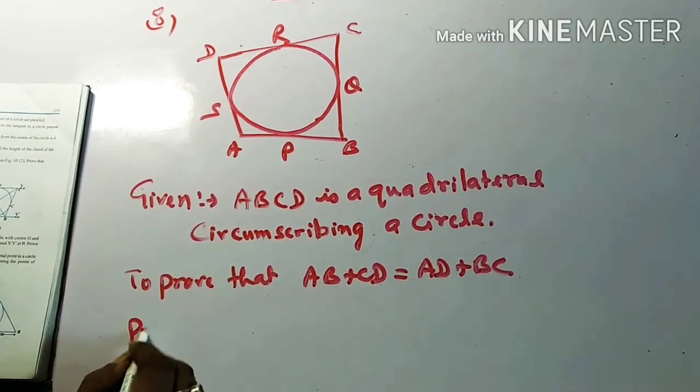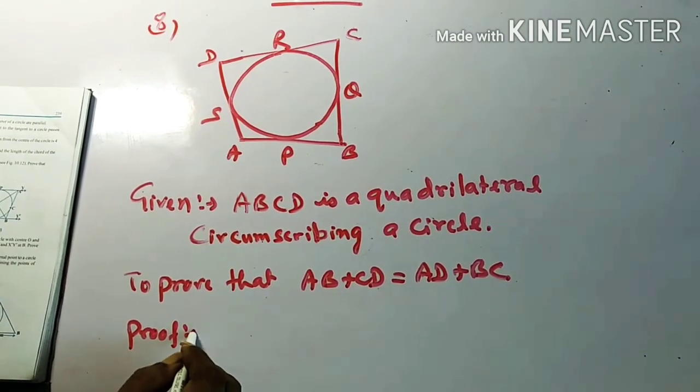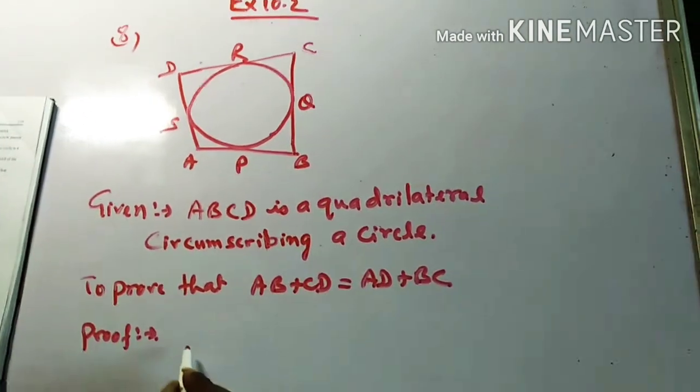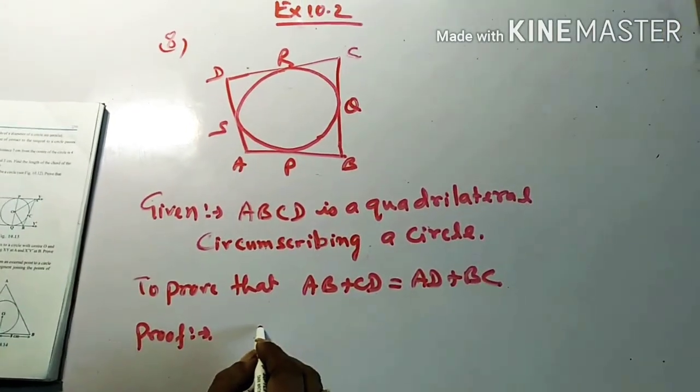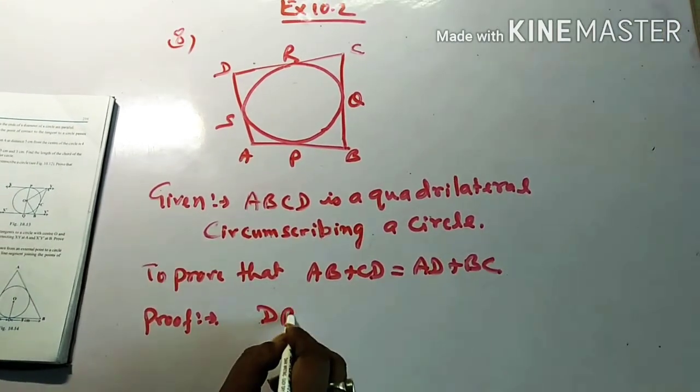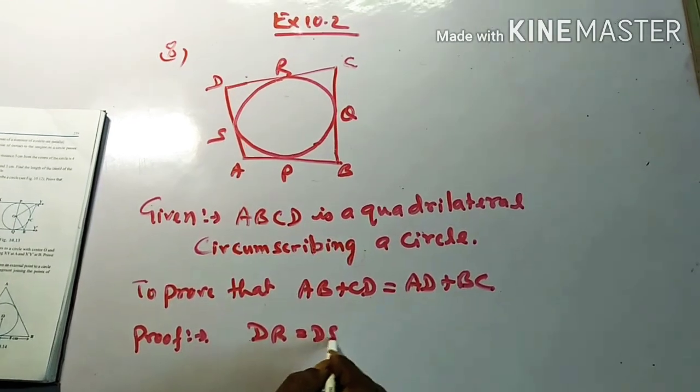Now the proof. You see, DR is equal to DS. Why?